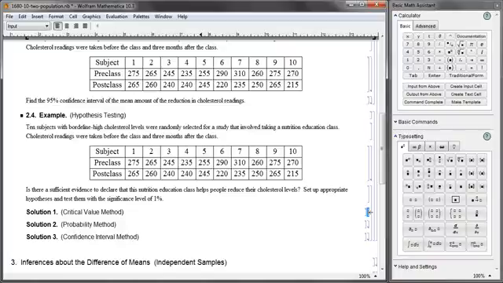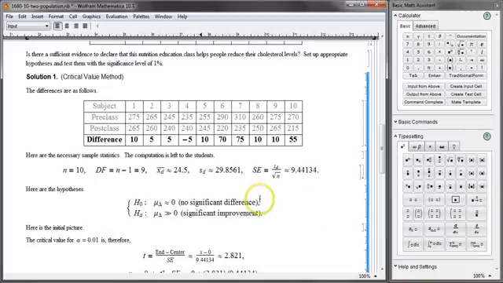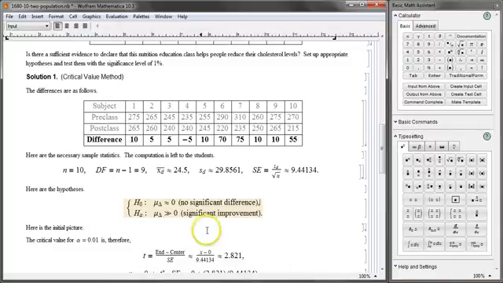But if it didn't say anything, then for paired data, we are always comparing with 0. And there we go. No significant difference, mean difference is 0, is my null hypothesis as we have here.